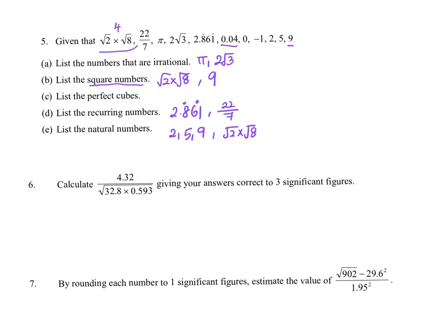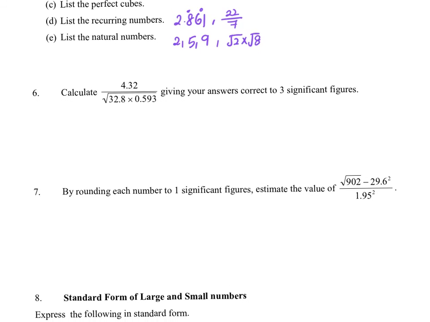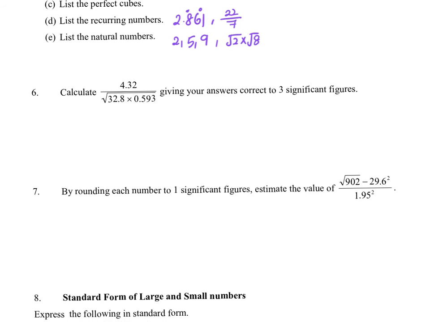Okay? Next one, question number 6. I think you can give me the answer, right? You do question 6. Xingjie, are you still awake? Okay, can you give me the scientific answer? 9.795... 953.